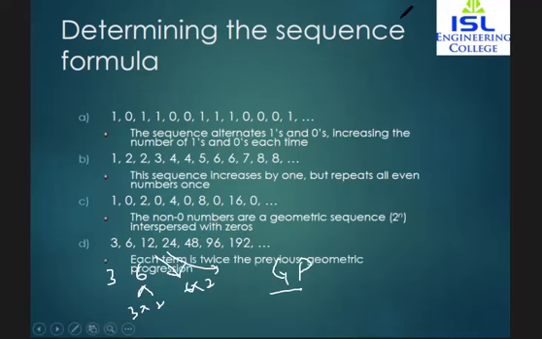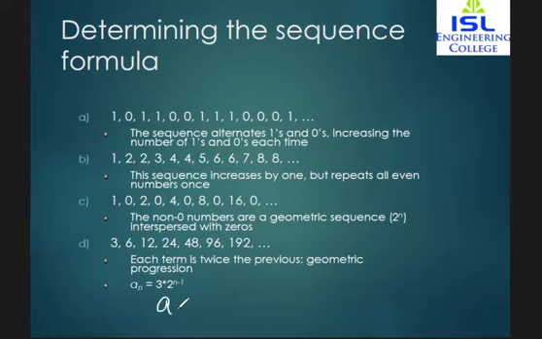Each term is twice the previous, and it can be written as an is equal to 3 into 2 power n minus 1. So a1 will be 3 into 2 power 0, a2 is 3 into 2 power 1, and it continues. So it is increasing by powers of 2.